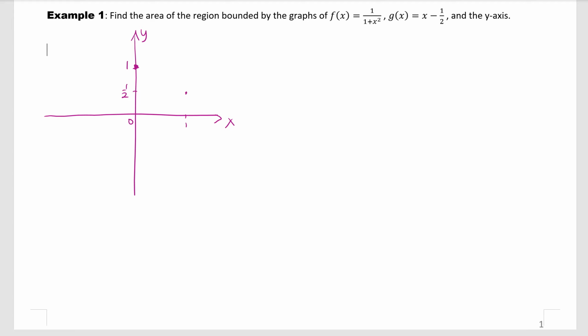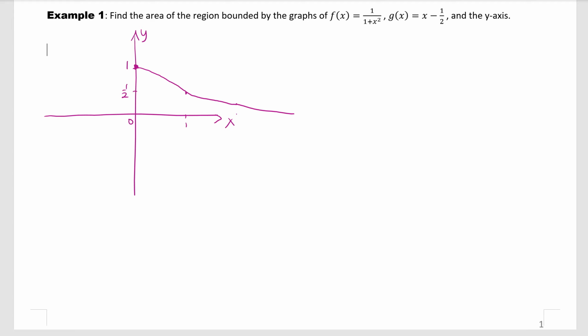When x is 2, we get 1 over 5, so let's say it's somewhere here. Then we can connect them smoothly.